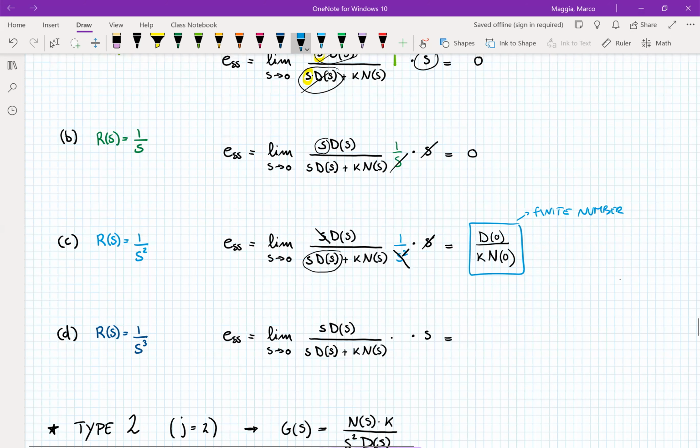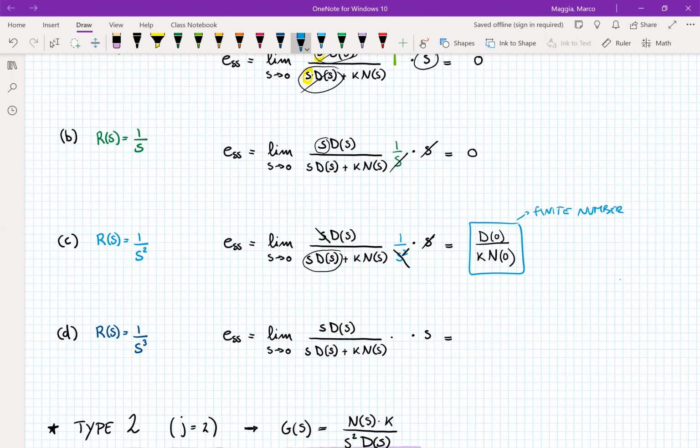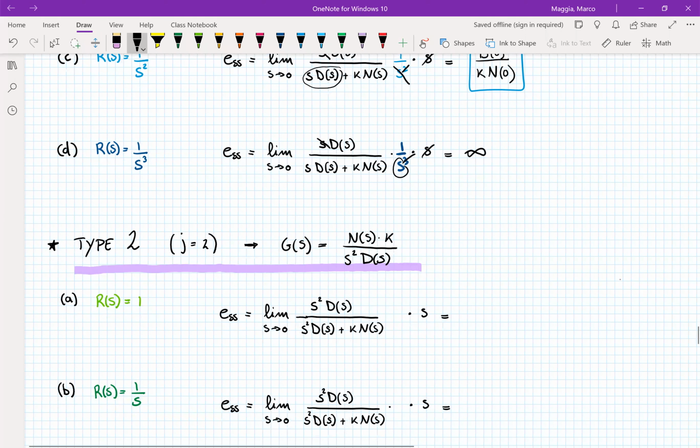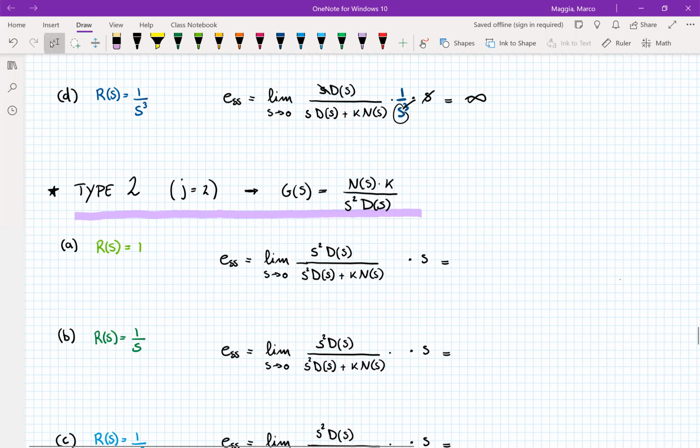If we increase once more the strength of the input, well, now we are left with an s at the denominator driving everything to infinity. So once again, we have a similar progression: 0, and then a finite number, and then infinity. And the same or a similar thing can be said for type 2.